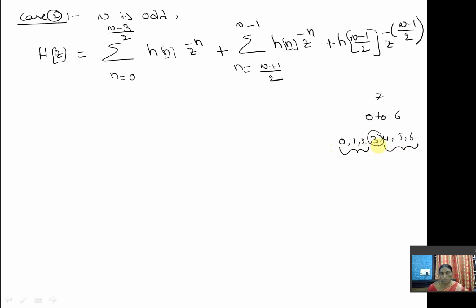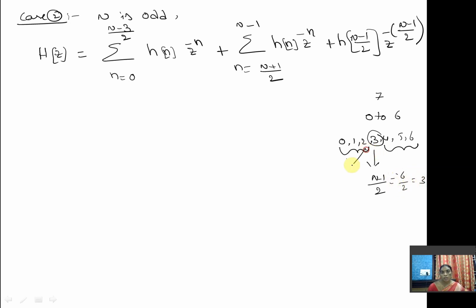So that means to separate these samples, in three terms: the first half, last half, and the middle one. That's why here the middle one is represented as n minus 1 by 2. 7 minus 1 means 6, by 2 means 3.